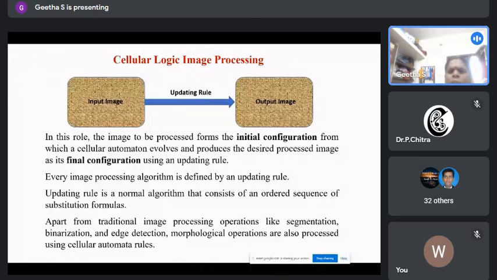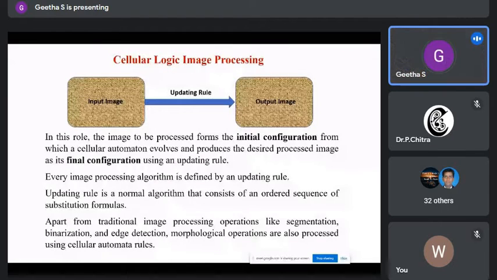Every image processing algorithm is defined by an updating rule. The updating rule is the normal algorithm. It is most important.